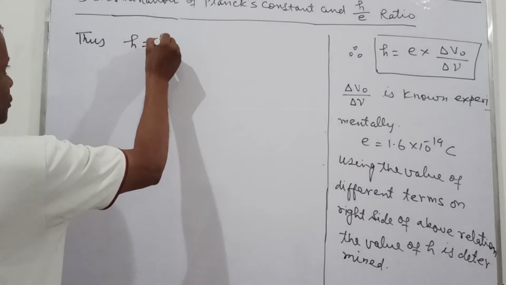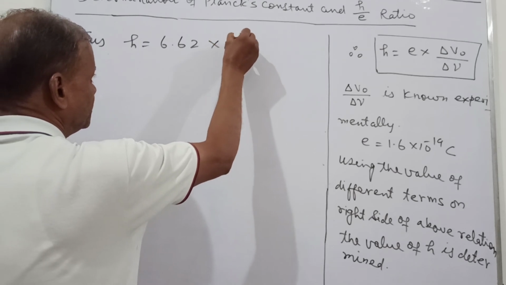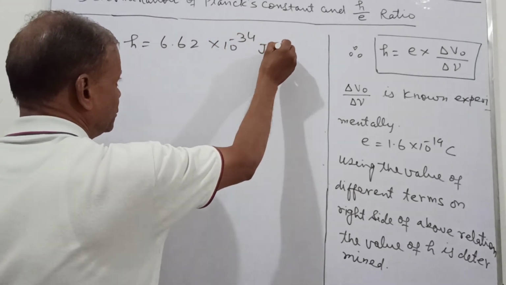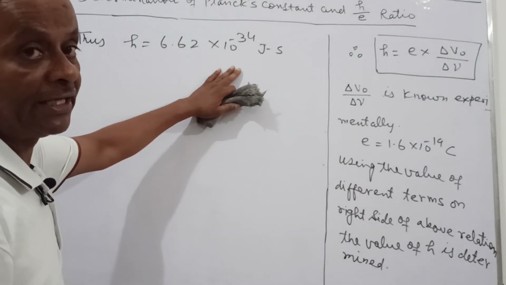Thus H equals 6.62 into 10 raised to the power minus 34 joule second.